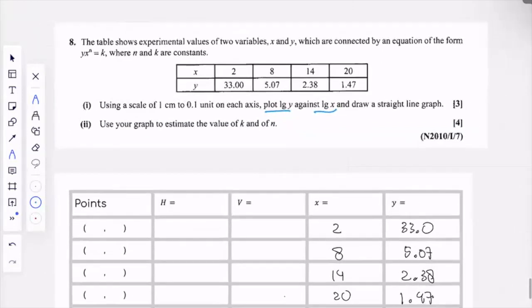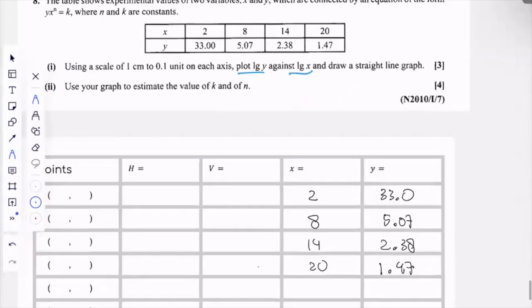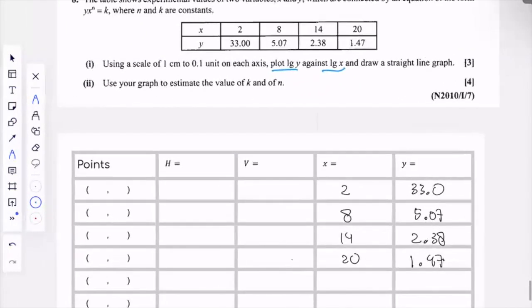You have 4 data, you have 4 points. And I already copied the table into my pattern here. Then we must do calculation to quickly find the value of h, which is the horizontal axis, and v, which is the vertical axis.